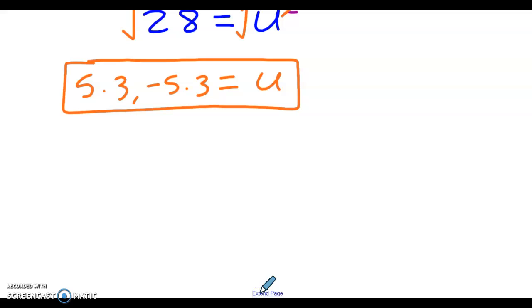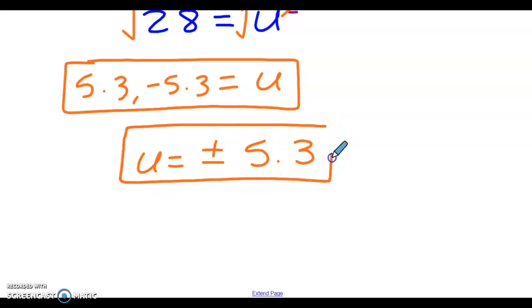Now you're also going to see one way of writing this with the plus-minus symbol. That just wraps both of those values, positive and negative 5.3, into one expression.